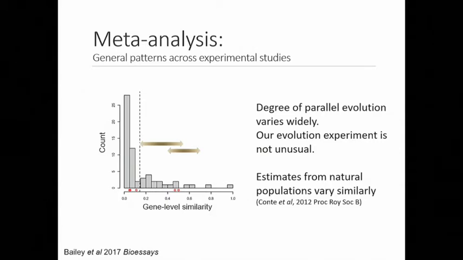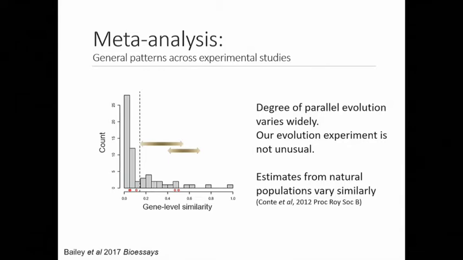This is perhaps not a very rigid comparison, but just to give you an idea that there's been work to get these similar kinds of estimates from natural populations. Looking at natural populations where we see the same phenotype evolving independently, trying to identify whether there's overlap in the genes that underlie those similar phenotypic adaptations.